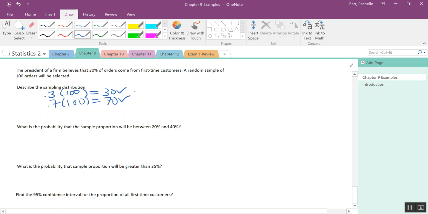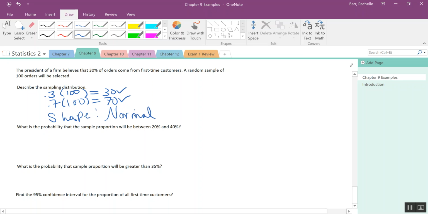I'm assuming all customers are independent of each other, so therefore I meet my last condition to use the sampling distribution. So that means the first thing I know is its shape. It's normal.